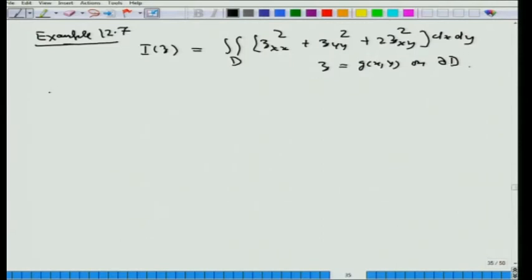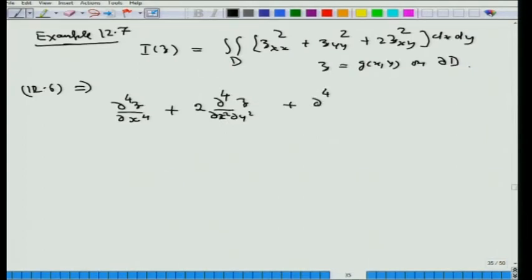And so, here this 12.6 implies that del 4 z over del x 4 plus 2 del 4 over del x square del y square of z plus del 4 over del y 4 of z equal to 0, which is known as the biharmonic equation.